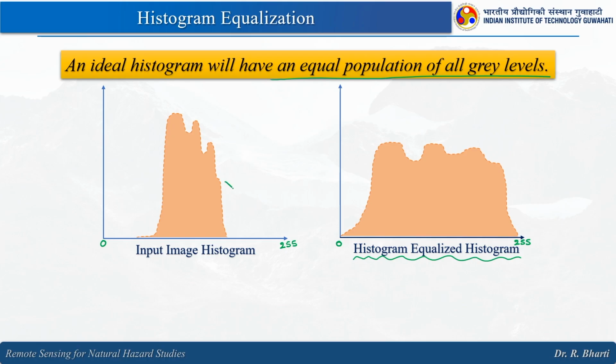This range was not used, right, but here everything is used, right. So, this is what we are trying to do with histogram equalization. We will try to provide equal opportunity to all the pixels except a few pixels which have very low frequency, which will be merged with the closest value, right.